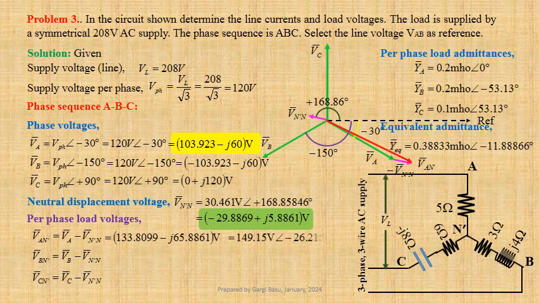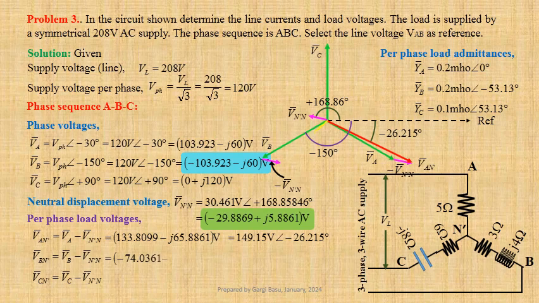In polar form, this may be written as 149.15 volt at an angle minus 26.215 degree. VBN' equals minus 74.0361 minus j times 65.8861 volt.